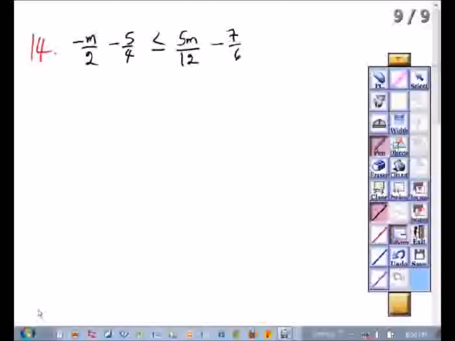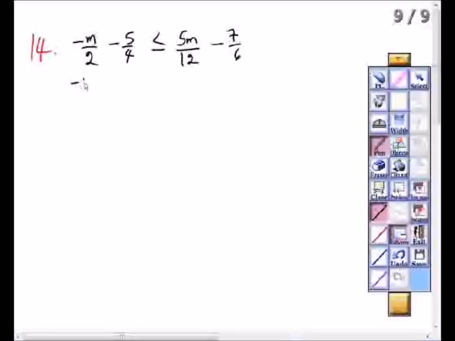Therefore, to eliminate these fractions, we obtain the LCM of all the denominators 2, 4, 12, and 6, and use that LCM, which is 12, to multiply through all the terms in this statement of inequality.